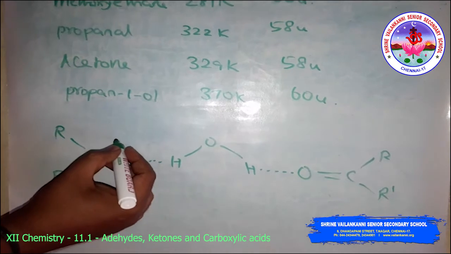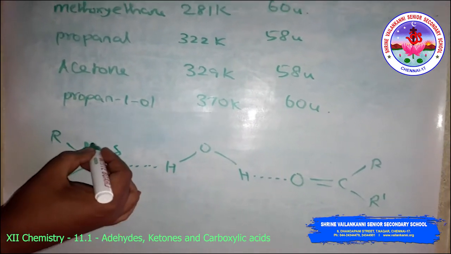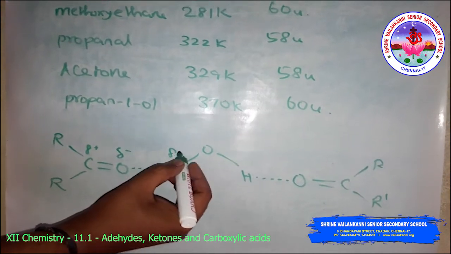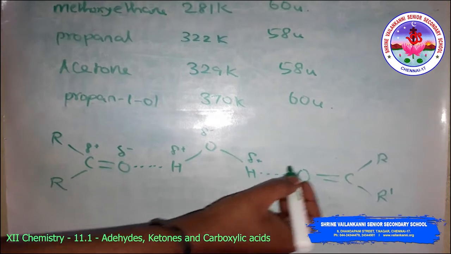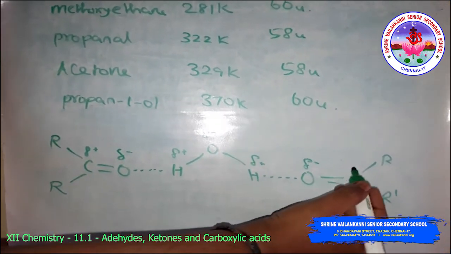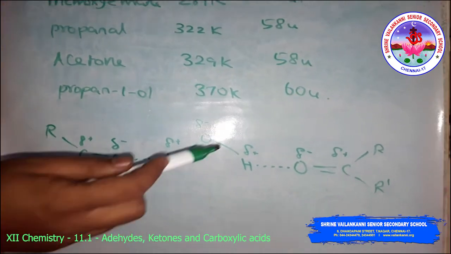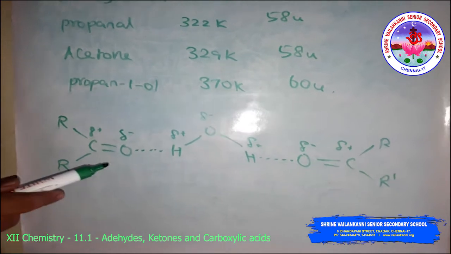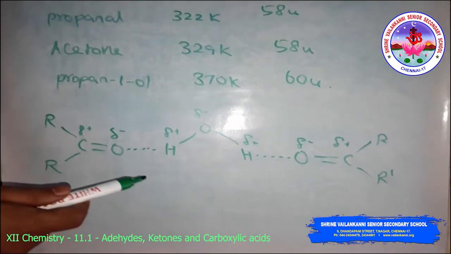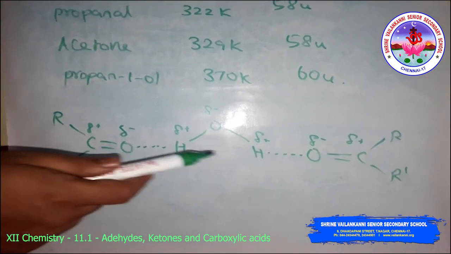Here this is partially positive, partially negative, so the lower members of aldehydes and ketones are miscible with water in all proportions, because they form hydrogen bonds.